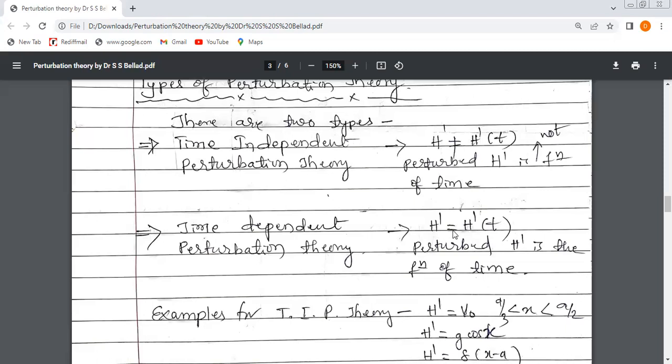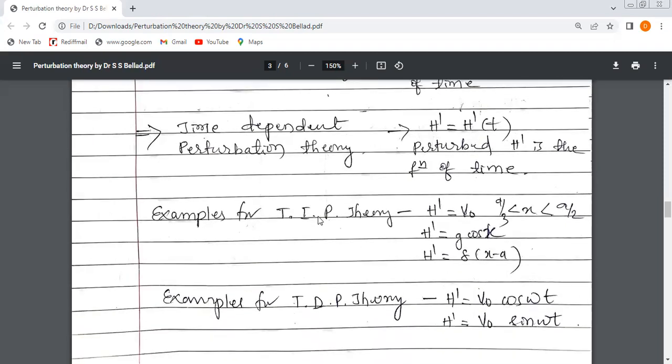So here the Hamiltonian of the perturbed part depends on time, but there the Hamiltonian of the perturbed part is independent of time. Accordingly, we get two types of perturbation theories.